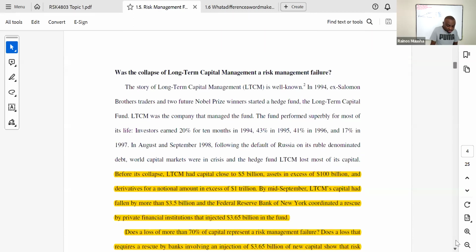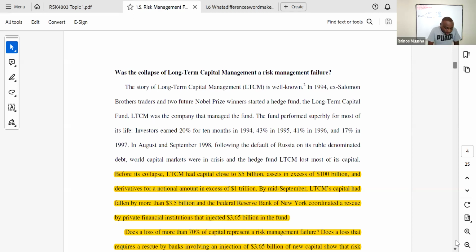So in the article, they highlight the case study of Long-Term Capital Management, which is LTCM. Whenever I give you the acronym LTCM, I'm referring to the company called Long-Term Capital Management.